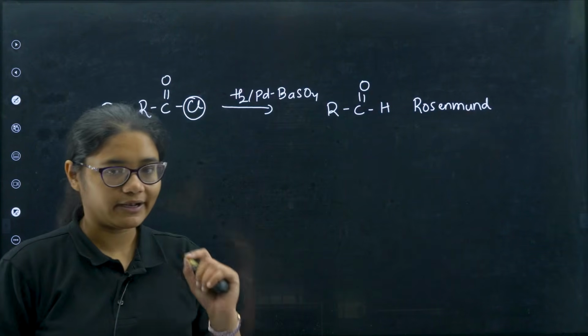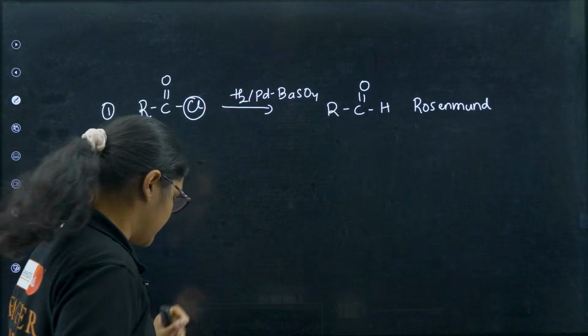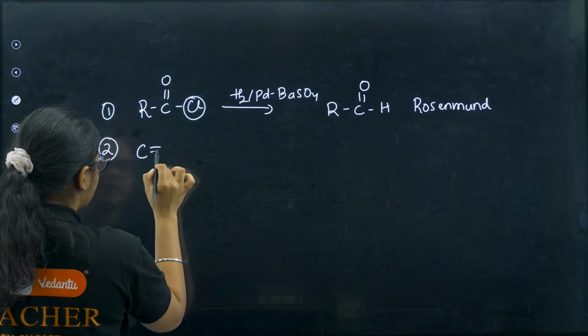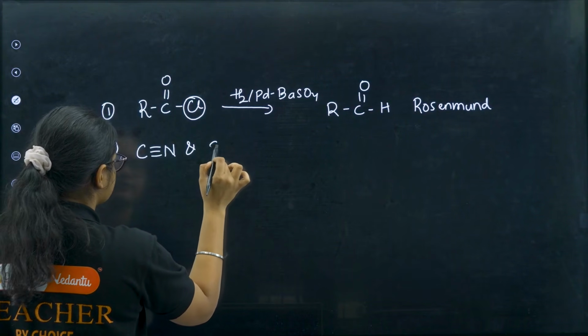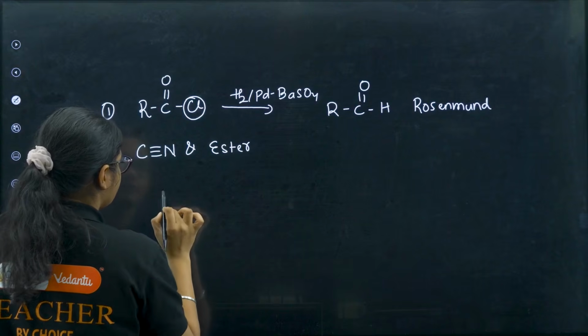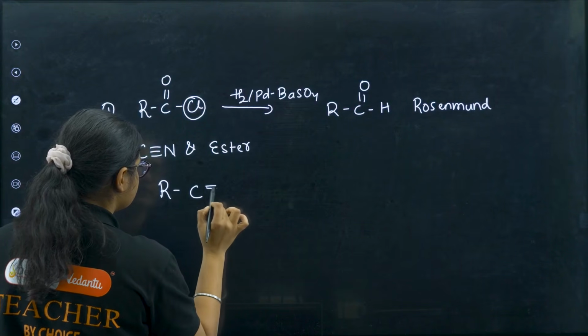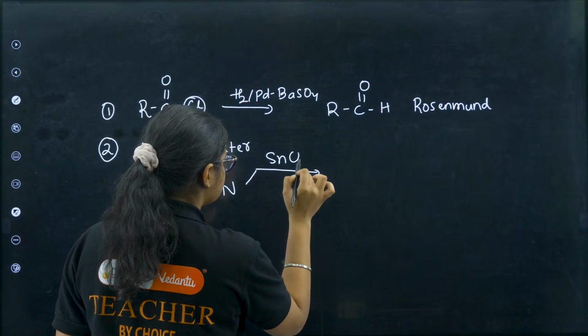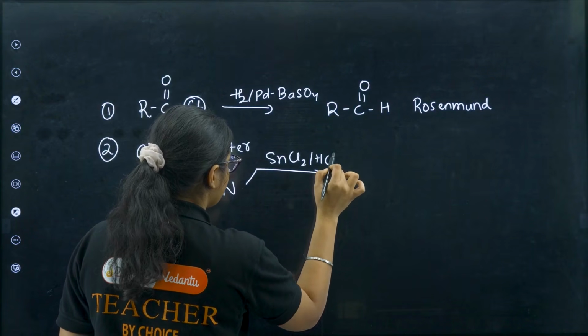Have all of you written? Now we will move to the second category, that is from nitriles and esters. From nitriles I have two methods. If I am taking nitriles, I can treat them with SnCl2 and HCl.